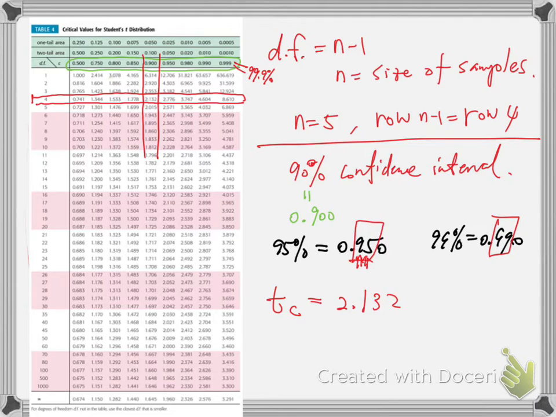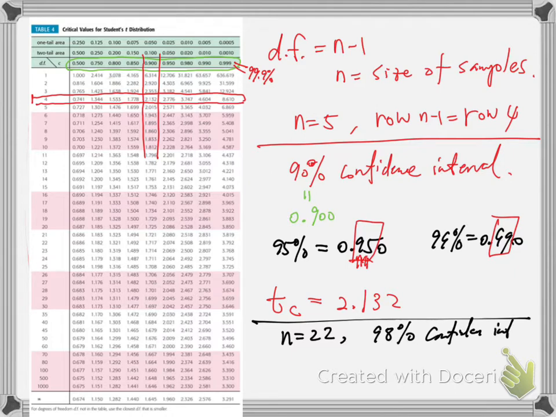Now let's find another one. Suppose n is 22, and let's find the 98% confidence interval. What's the Tc for this one? First n minus 1, so the row is 21, and then the 98% column.